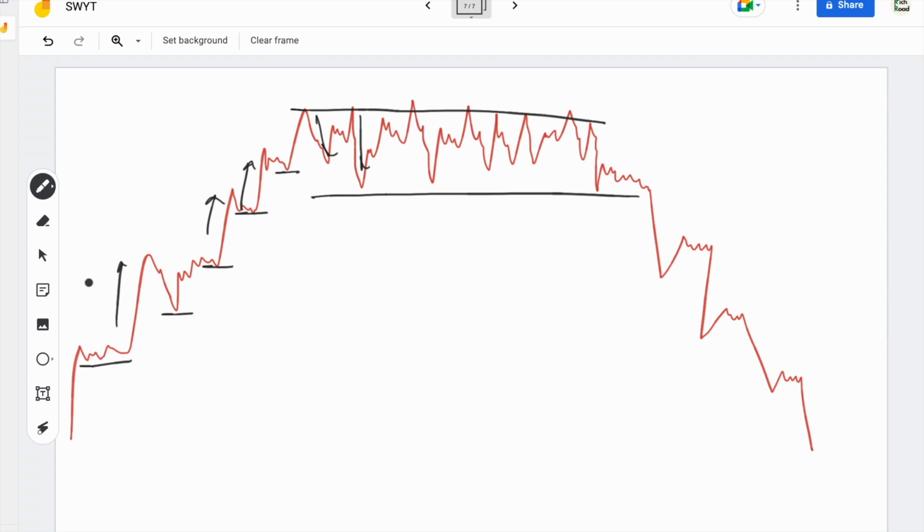And also notice these arrows, are they not getting smaller in size? That means loss of momentum on the upside is happening. And finally, choppy or sideways action comes. And the volumes will be there. We'll talk about that. Finally, a breakdown happens here.